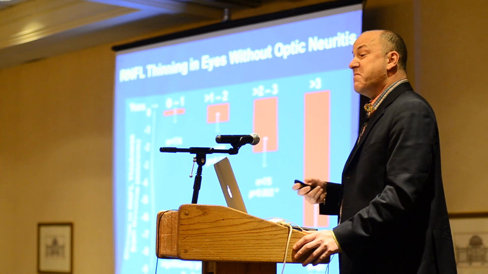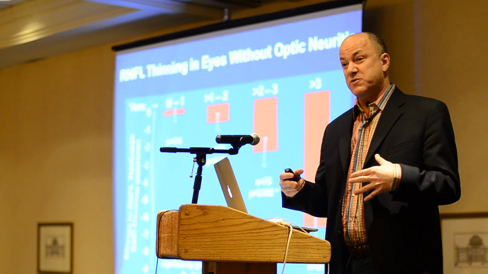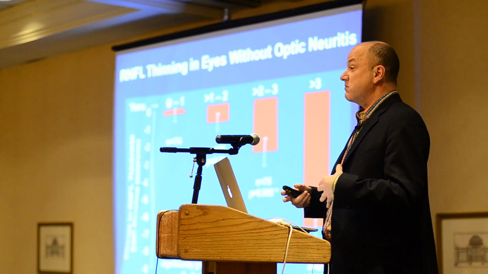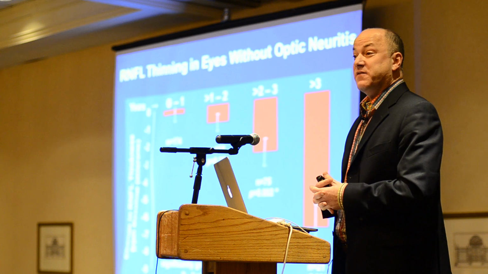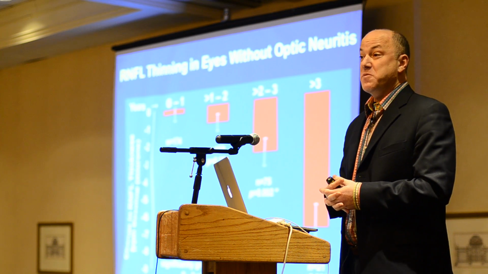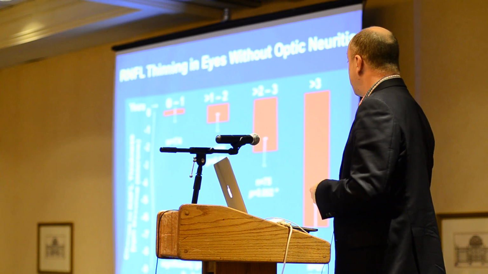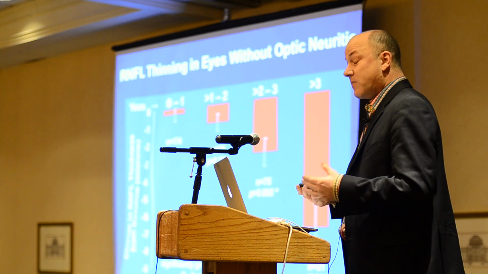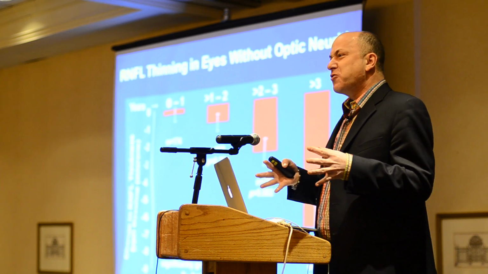So now we have a metric of retinal nerve fiber layer loss that correlates with brain loss that we can potentially use to measure how effective a therapy may be in terms of preventing neuronal loss and hopefully disability.